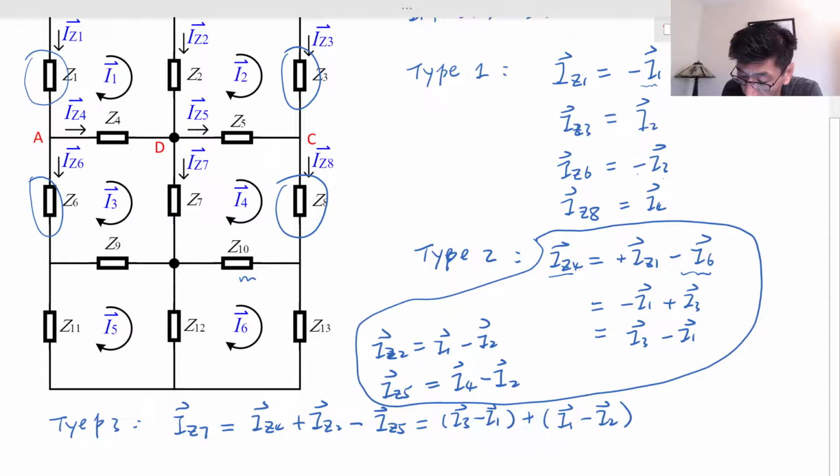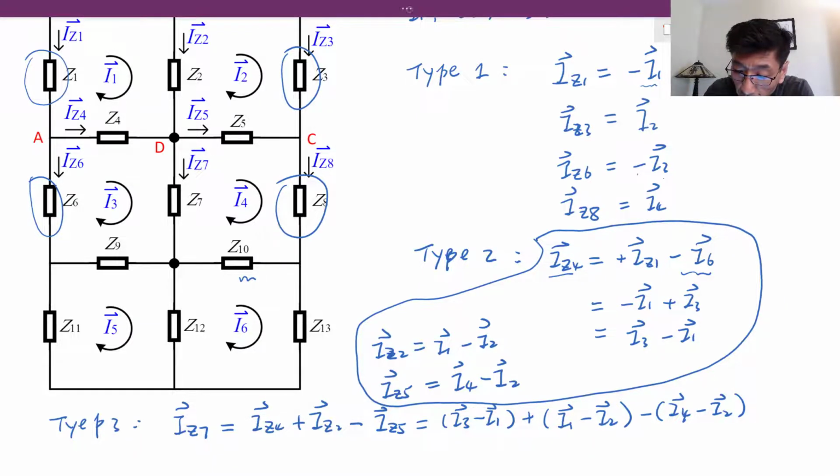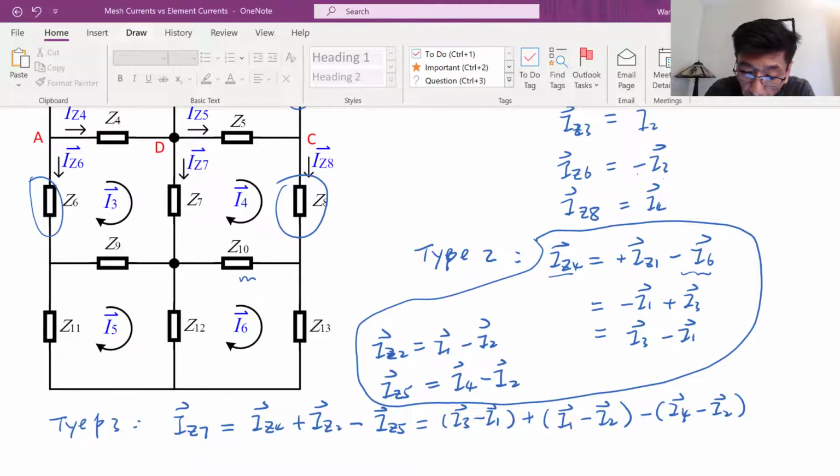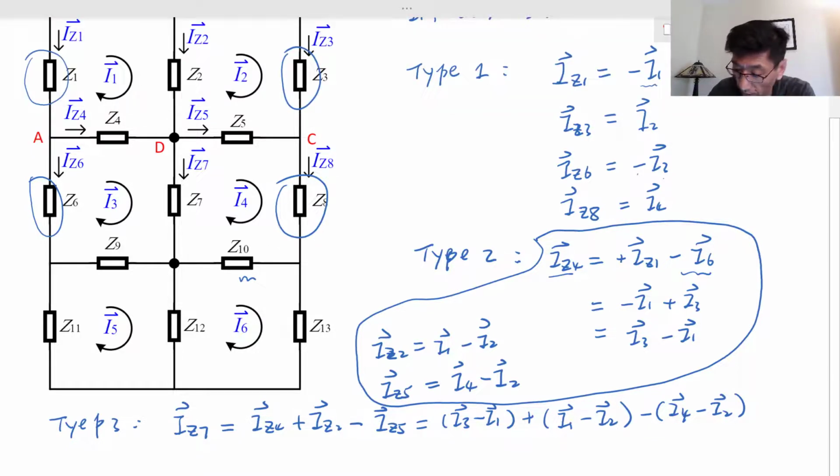The I sub z5, that's negative, so that's a negative I4 minus I2. Okay, let's see if we can work this out. Let me see if I can change the color. Sometimes I can, sometimes I can't. Okay, I did.